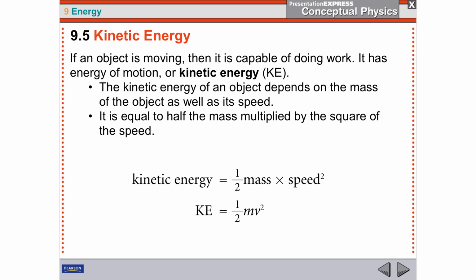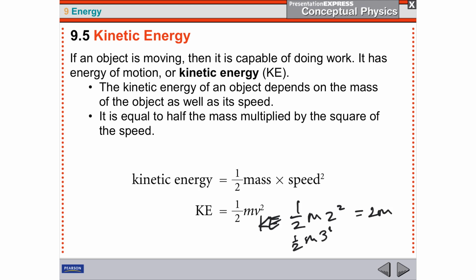Let's say you have one mass going at 2 squared. The kinetic energy going at 2 is going to be 1/2 of 4, which is 2m. If I make it go to 3, the kinetic energy would be 1/2 m 3 squared.